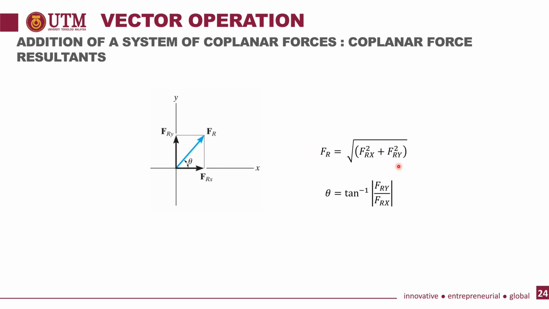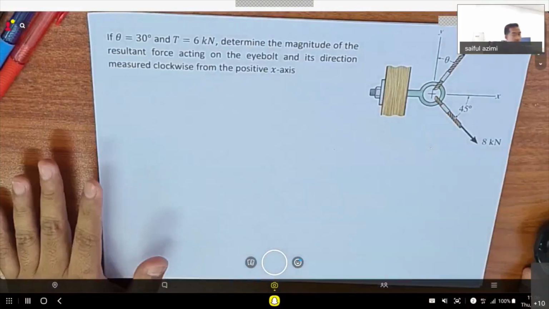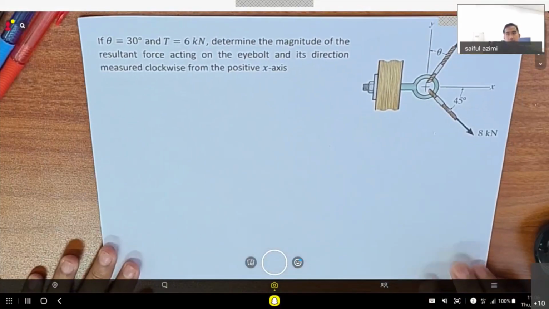So you can find the resultant force using this formula. And if you want to find theta, which is the direction, you can use tan inverse of the total force in y over the total force in x. This is the magnitude notation, which means it is always positive. Okay, can you see the questions?